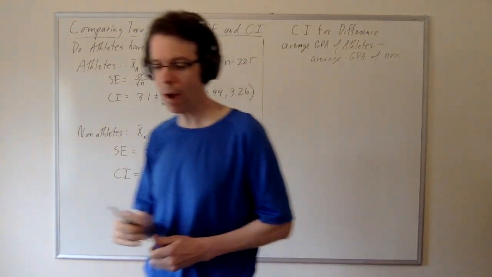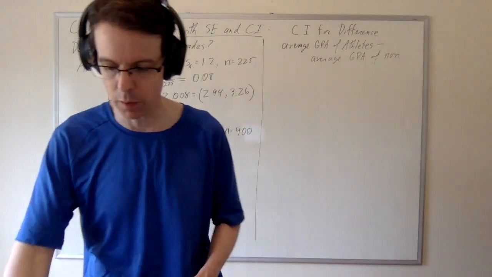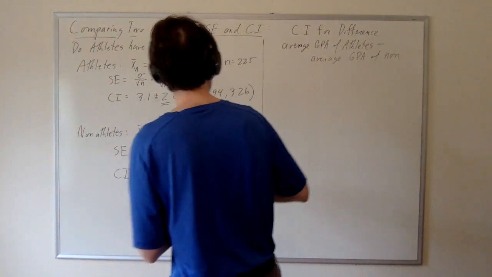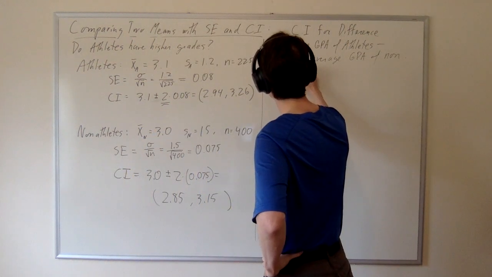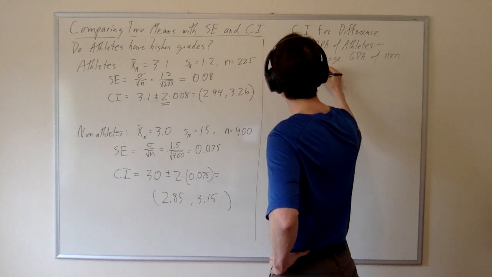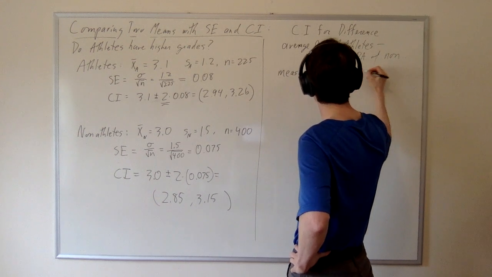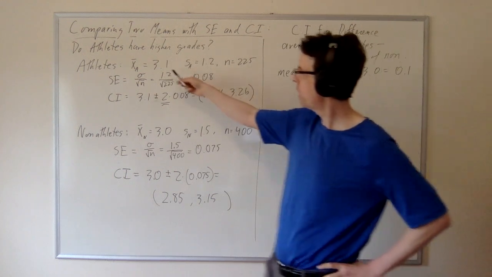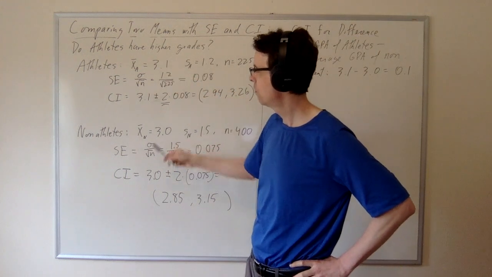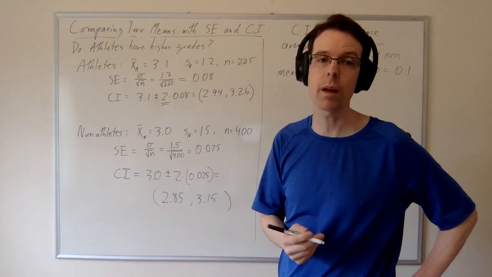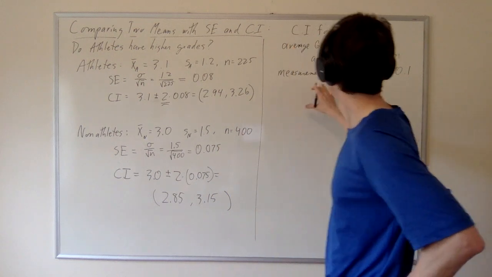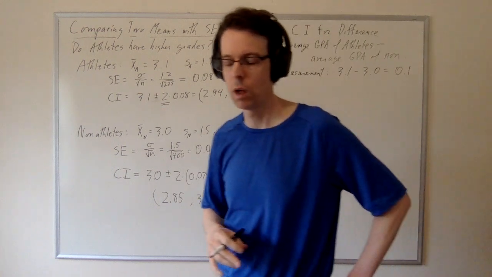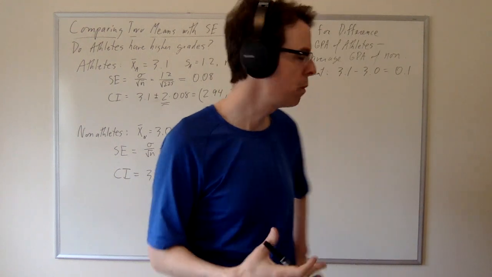And so we have a measurement of that difference, but we need to also reason about the possibility of error in that measurement. So the measurement for that is 3.1 minus 3.0, which is 0.1, right? The measured value of the GPA of the athletes minus the measured value of the GPA of the non-athletes gives us a measurement for the average across the entire school. But now we are faced with a familiar problem.